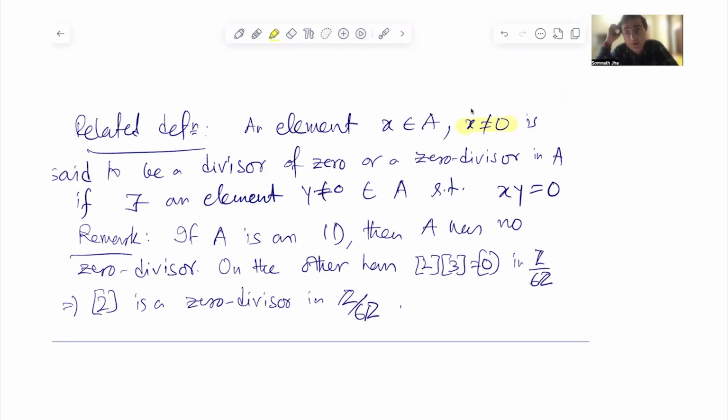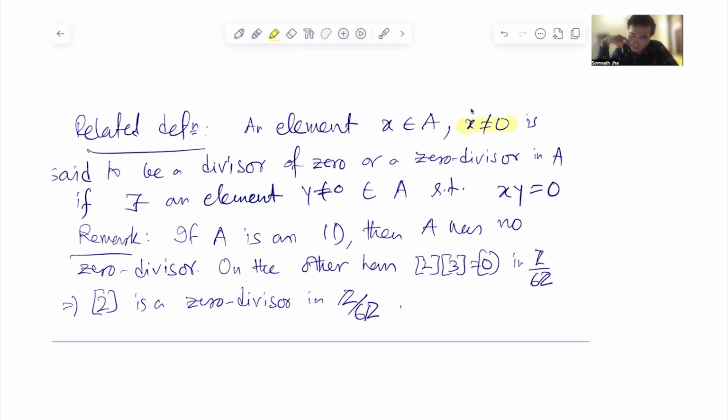Such a thing cannot happen if you recall the definition of an integral domain. If you have a non-zero element and multiply by another non-zero element, you never get zero.